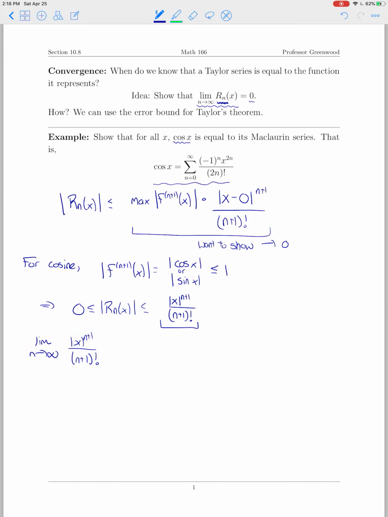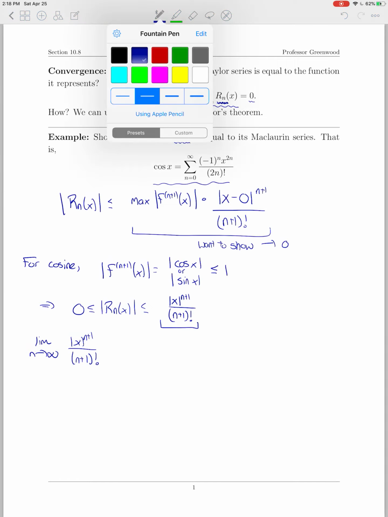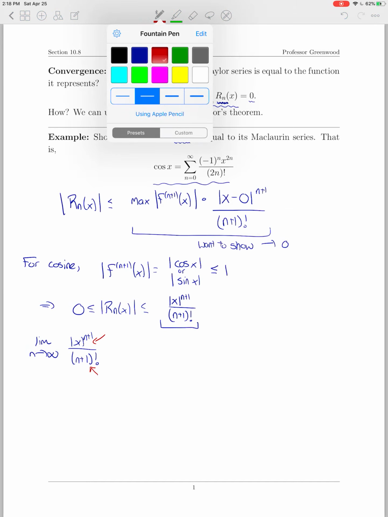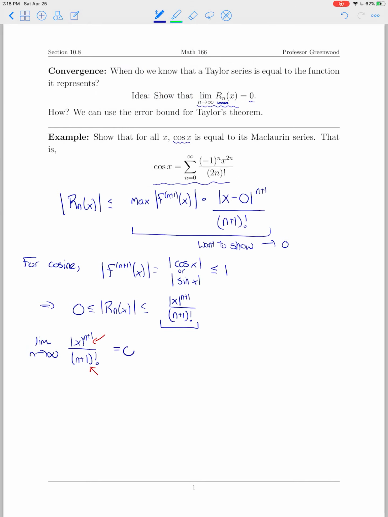The way that I can see that is that if I increase n by 1, then in the numerator that's really the same as multiplying by x. But in the denominator, I'm essentially multiplying by a term that's roughly the size of n. So if n gets really large, it will always be bigger than x eventually. And so this limit overall is equal to 0.